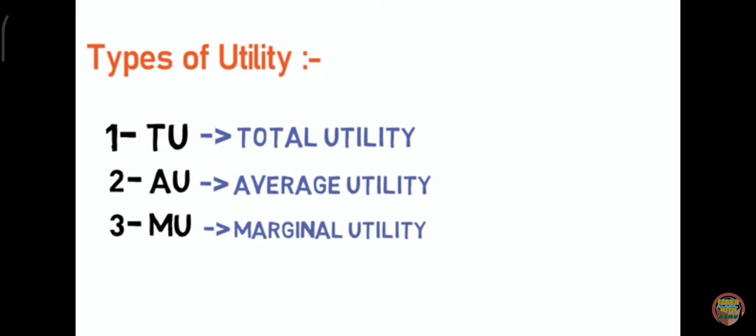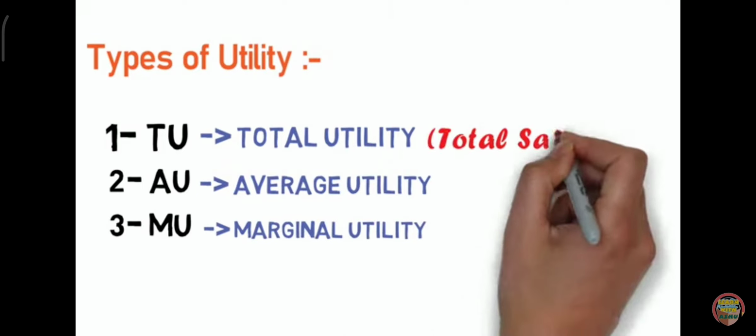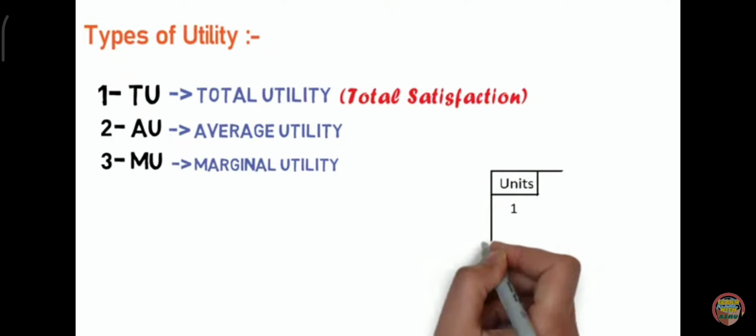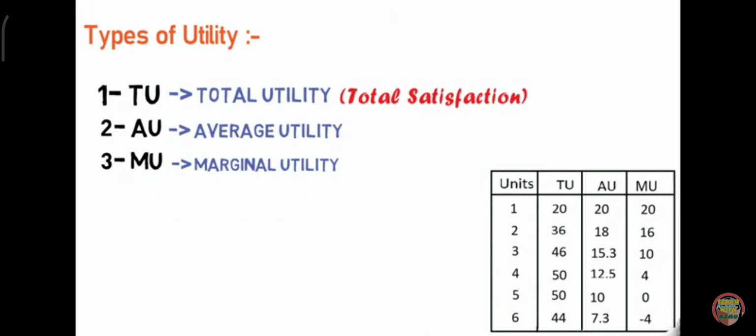In order to understand total utility, average utility and marginal utility, let us take one example. Here I have drawn a table for you, and in this table you can see that when I consume one unit of apple, I get a total utility of 20. This utility cannot be measured in kilograms or anything like that, because it is an imaginary thing, so we cannot calculate it with physical units.